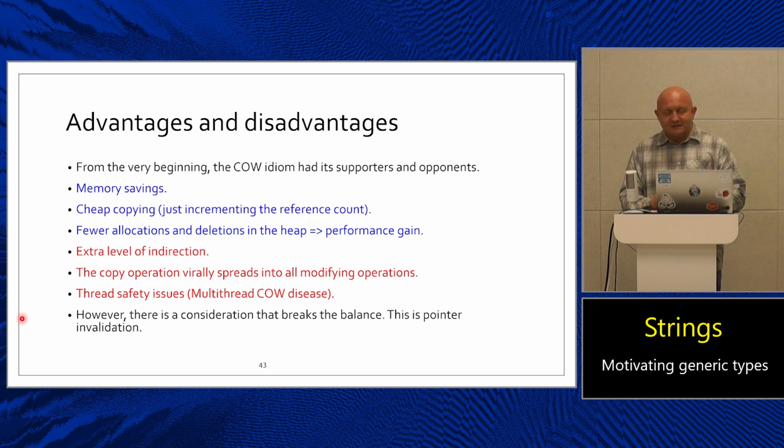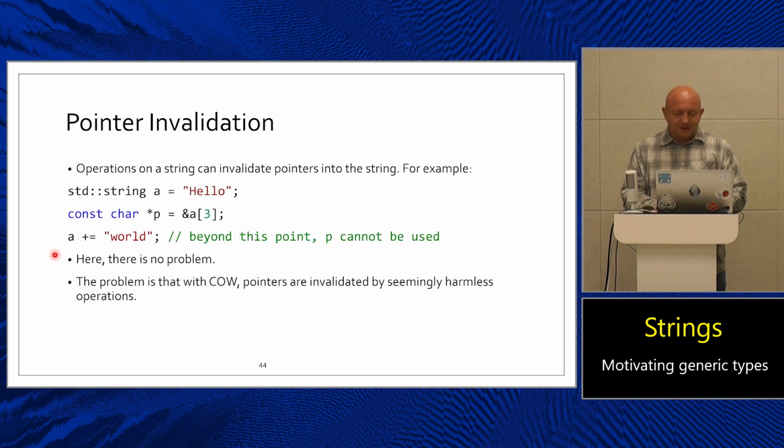But there was a consideration that broke the balance, which by the way is not listed here, and it is really not obvious. It was well understood many years after the strings were invented, and this consideration is pointer invalidation.